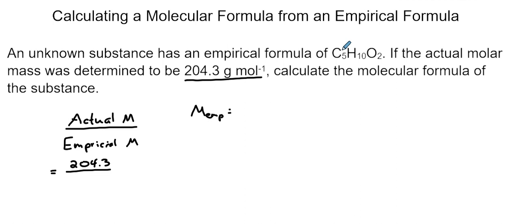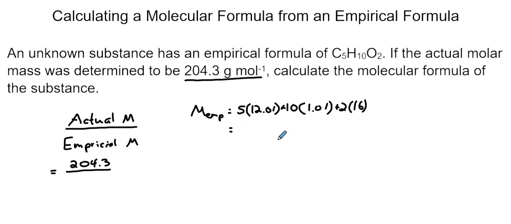What we have to do is add this up for 5 of the carbon, and the molar mass of carbon is 12.01, and we have 10 of the hydrogen. We're going to add 10 hydrogen, and the molar mass of hydrogen is 1.01, and then 2 of the molar mass of oxygen, which is 16.00. I'll just write the 16.